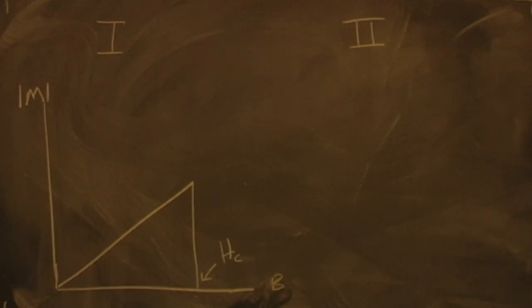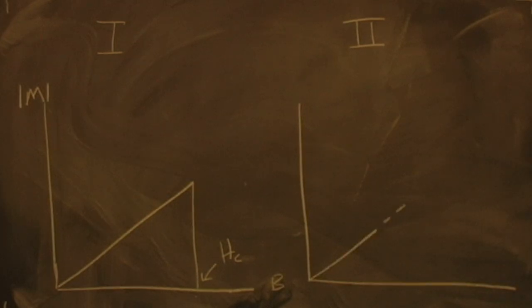There is also a type 2 superconductor, which has a lower critical field and an upper critical field. Past the lower critical field, some magnetic field penetrates into the material, but the material still remains superconducting. It is past the upper field that the material is no longer superconducting, and no amount of magnetic field is expelled. These graphs show the relationship between magnetization and the external applied magnetic field for type 1 and type 2 superconductors.